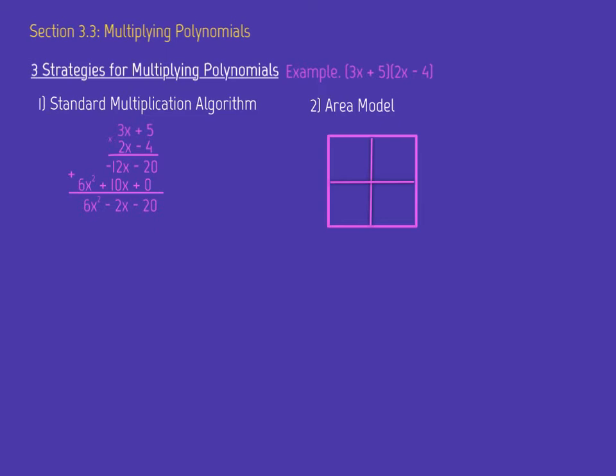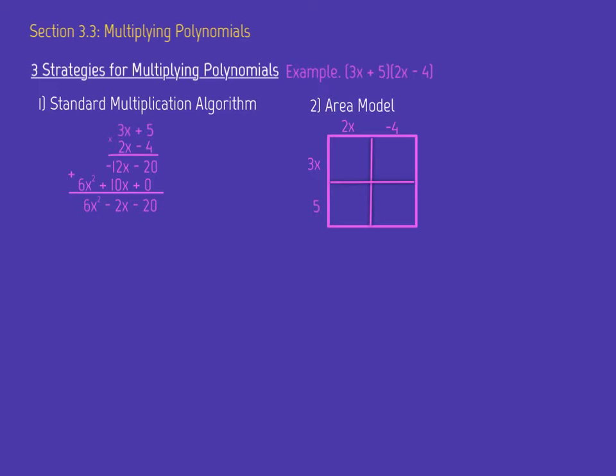We know that the area of a rectangle is base times height, so I'm going to put those on to the base and height of the rectangle. Here you can see that I now have 3x plus 5, representing the height of my rectangle, and 2x minus 4, representing the base. Now, to find the area of a rectangle, we always do base times height.